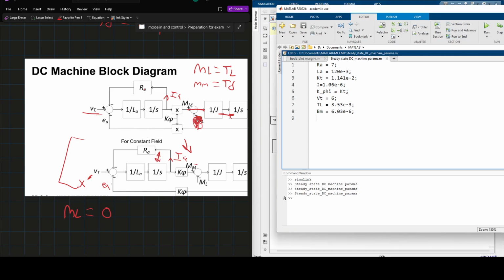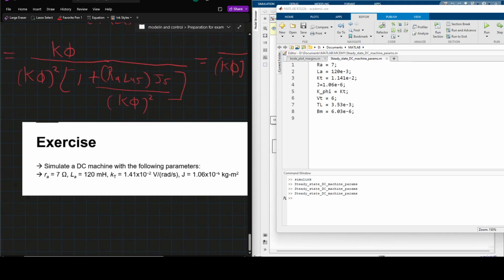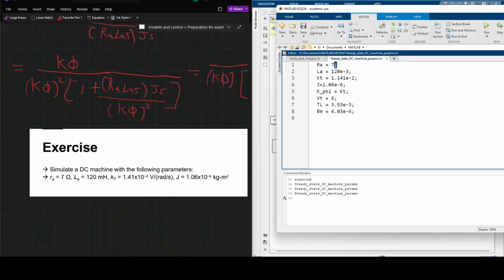And here for the parameters we can see the values we got for the exercise. So we have an array of RA, our inductance, our KT, moment of inertia. Now we know that for the exercise that we have done, when we have our KT in voltage over radians per second is equals to our K5.